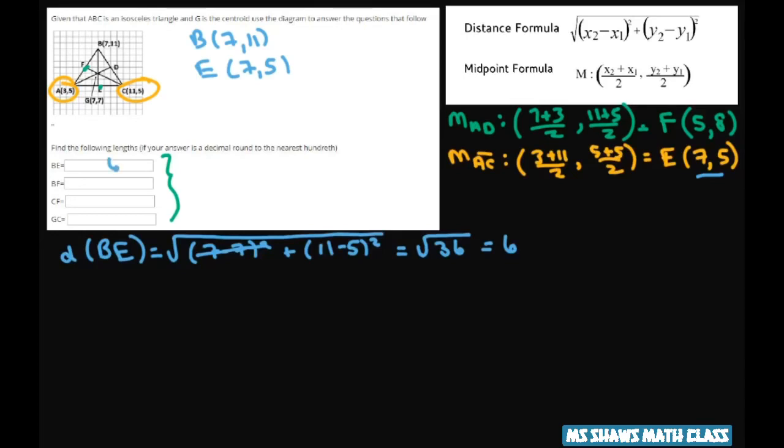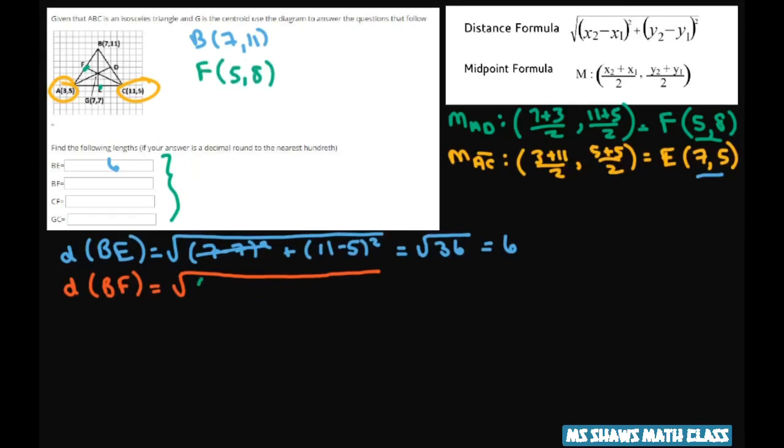All right, now we need to do the distance of BF. So that one is B. So we already have B and F. So F was right here, and F is 5, 8. So you do the same thing.